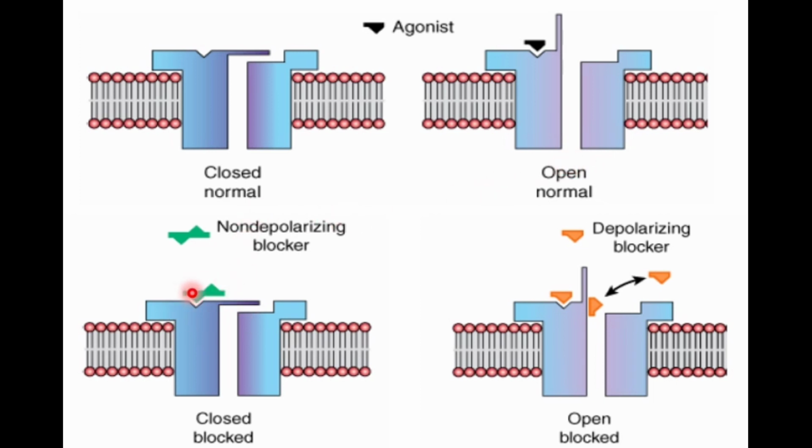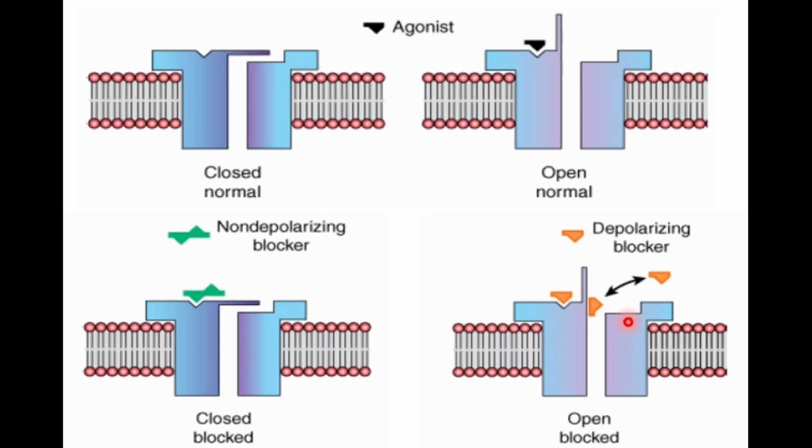Antagonists at the nicotinic receptor in the neuromuscular junction block the receptor and prevent acetylcholine access to the receptor, therefore not allowing the channel to open.